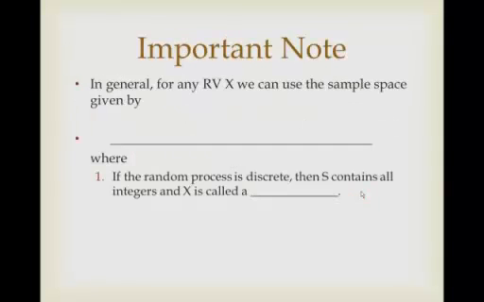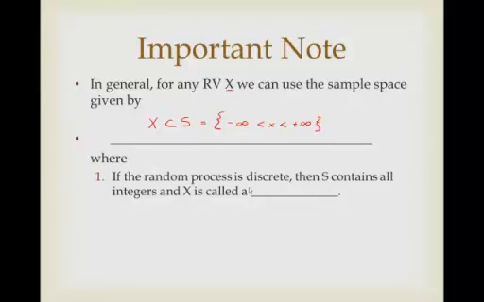So we want to make an important note, and that is that in general, for any random variable x, we can say that x is a subset of the sample set, which simply ranges from minus infinity to plus infinity.